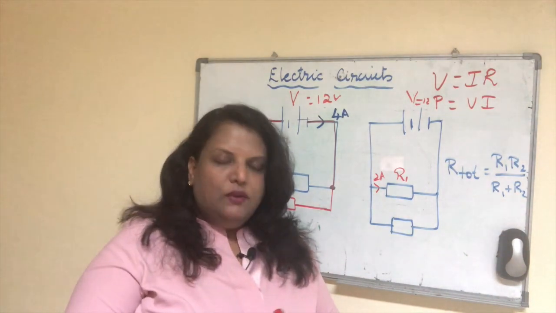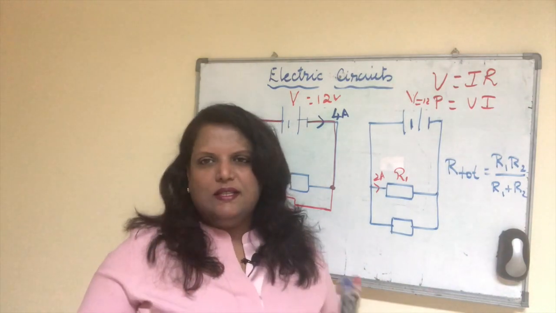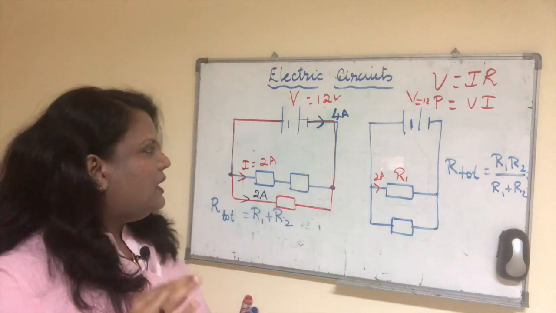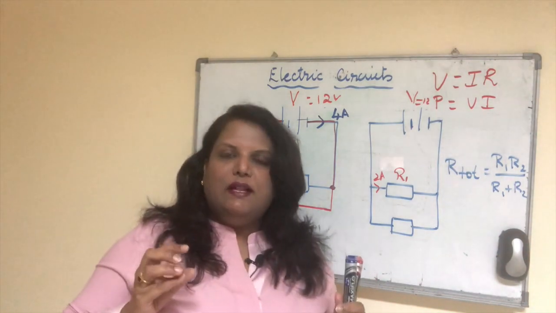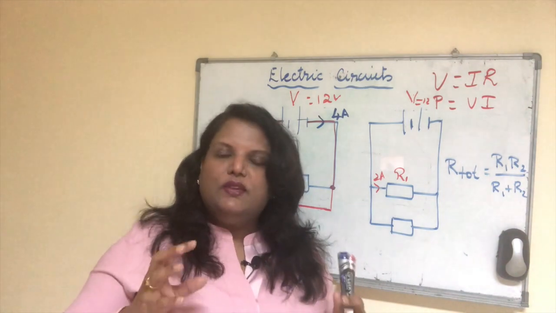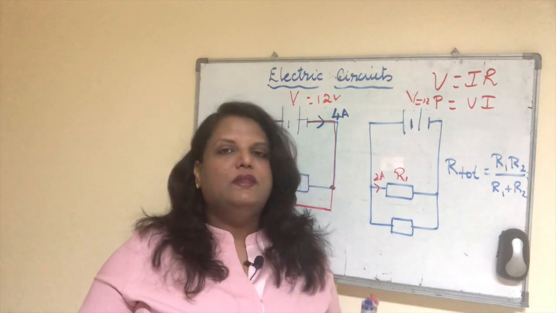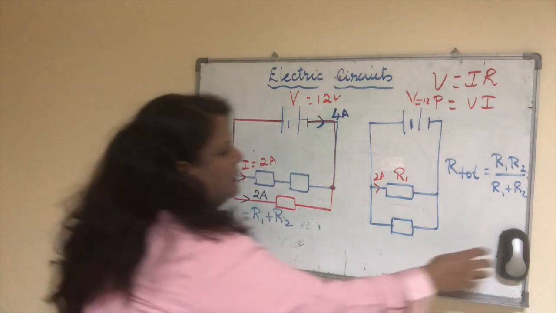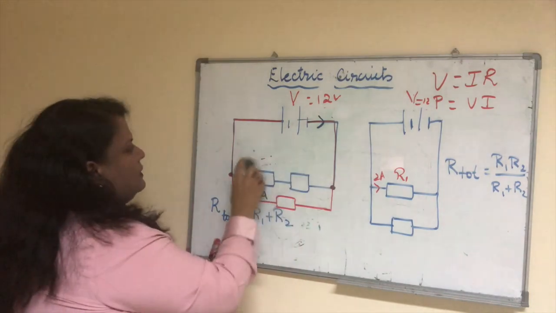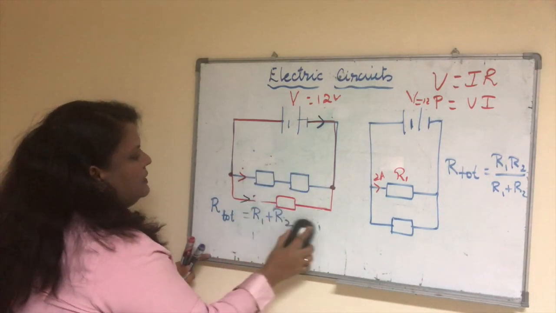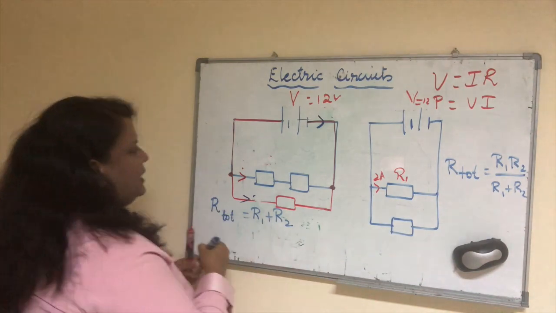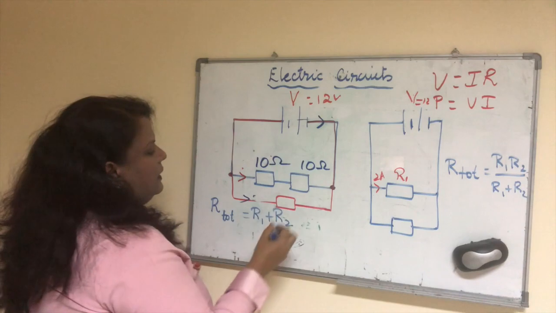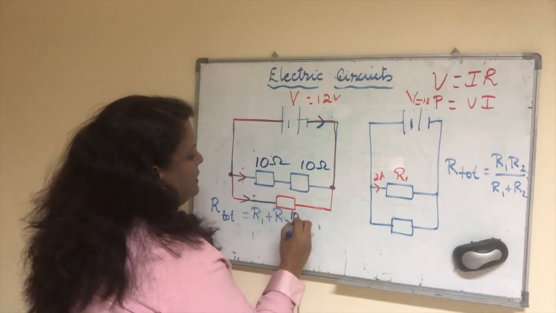Now for these combination circuits or tricky circuits, if you're not sure how to approach the question, what you need to initially do is, if the values of the resistances are given to you, try to find out the total resistance of the components in the circuit. So here we have got 3. Assume this is not a question. Say they have given you all 3 identical resistors, with values of 10 ohms, 10 ohms, and 10 ohms.